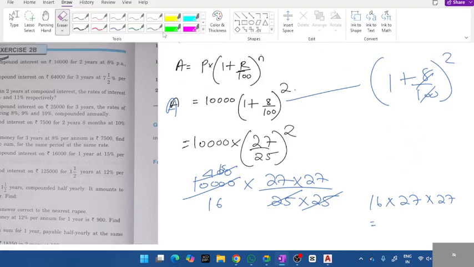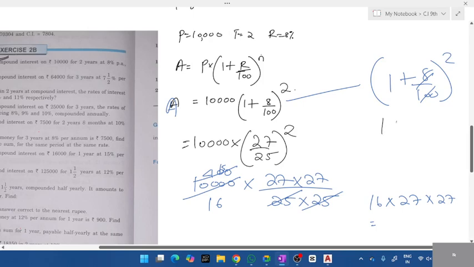After reducing 8 and 100, what did you get? 2 by 25. Take LCM. 25 plus 2 is 27.